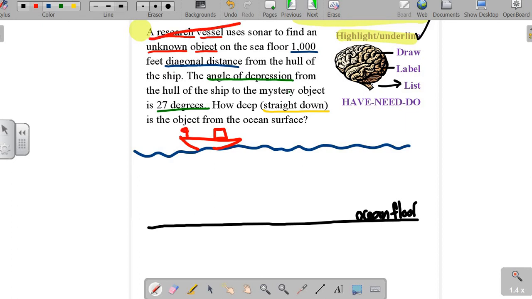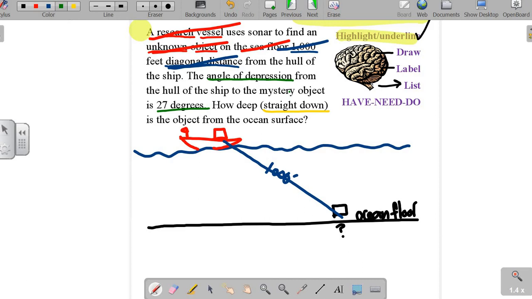Okay, I've done the ocean floor, object, research vessel. It says it is 1,000 feet diagonal distance to our mystery object. So here is our mysterious object. That's 1,000 feet. Notice I'm crossing stuff out as I account for it.